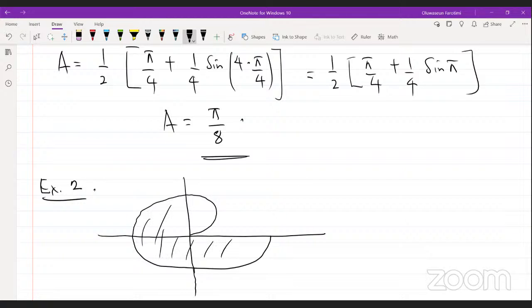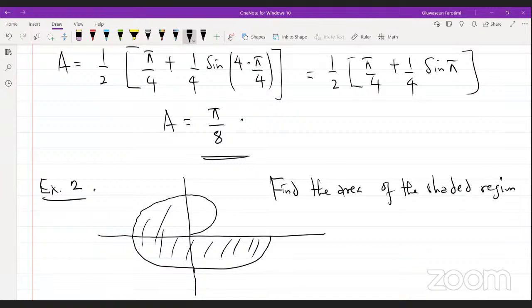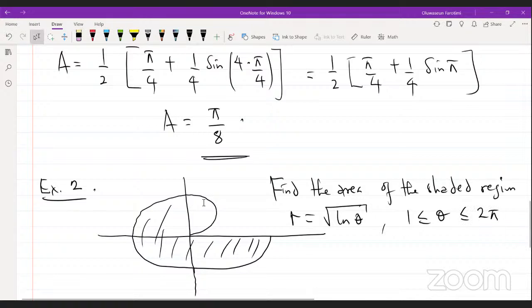Let me call this my region R. The question is, find the area of the shaded region. r is given to be the square root of ln of theta, where theta is between 1 and 2 pi.